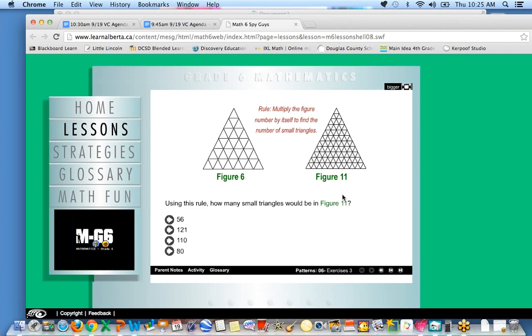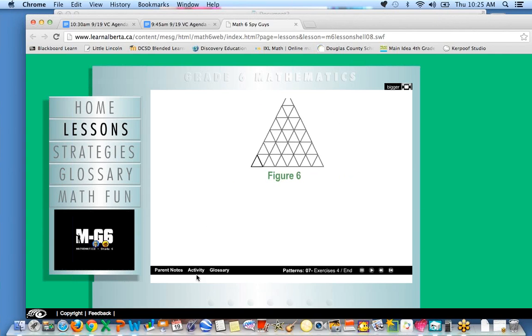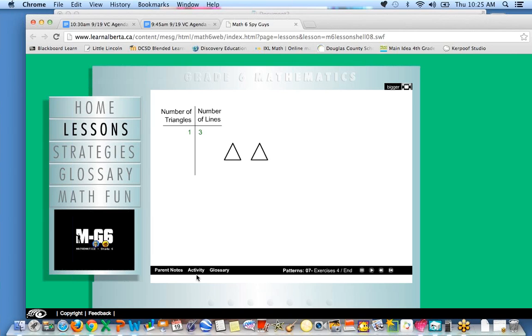What's 11 times 11? Be careful, Tyler. Think about your multiplication facts. 11 times 11 is 121. You got to look at the choices, Tyler. Yep, I got it, Claire. Good job.